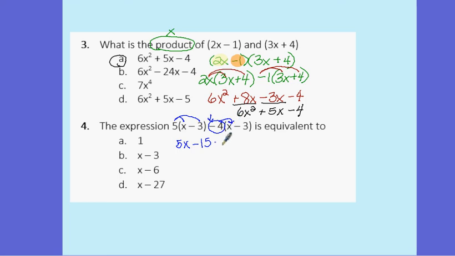It's negative 4x that's being distributed, negative 4 rather, to get negative 4x, and negative 4 times negative 3 is positive 12. Now I look for some like terms. 5x minus 4x, make sure you circle that sign with it, is 1x, and then I have negative 15 plus 12.